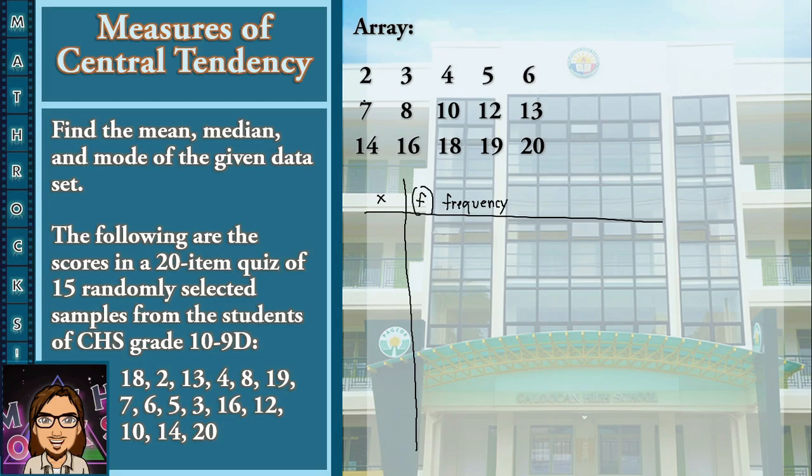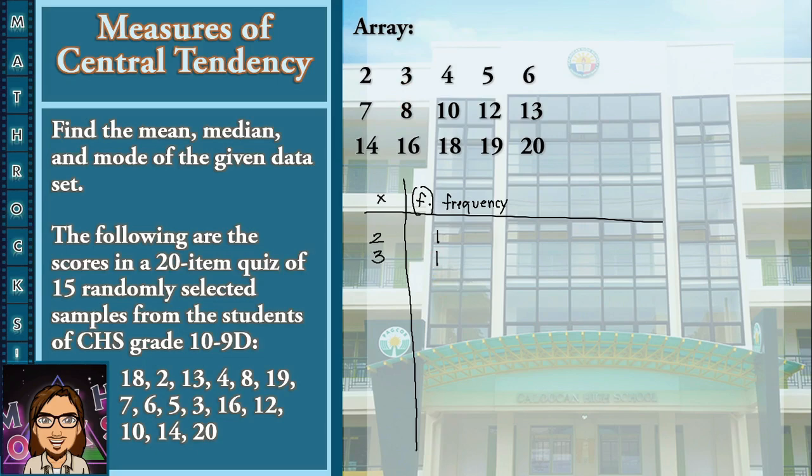For our observation 2, since 2 only appeared once in the given data set or array, we could have this presented using tally marks, or tara, like that. And that would be the same for the next observation 3. Since 3 only appeared exactly once in this given array, it only contains one tally mark like that.